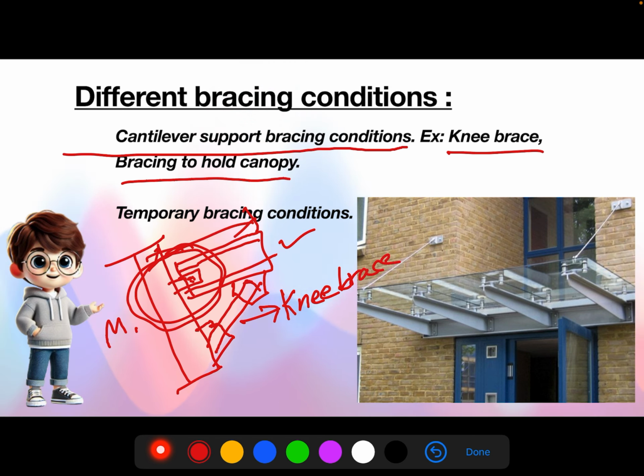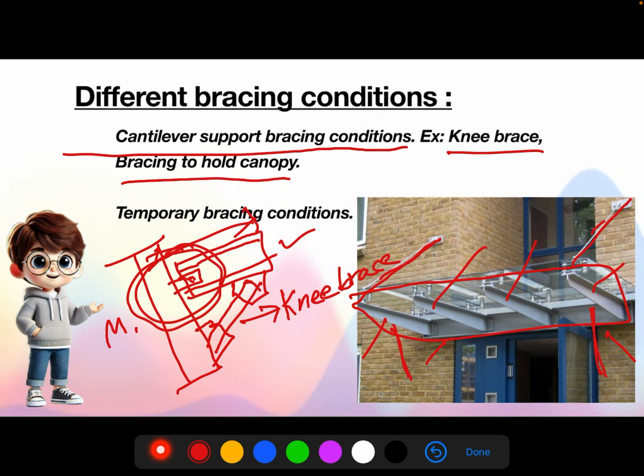And one more condition is bracing to hold the canopy. If you can see this, this is the beam with some shear connections, and these are the tapered beams. All together they are forming a canopy. To support the canopy, either we need to provide something like a knee brace here, or we need to tie up something above.